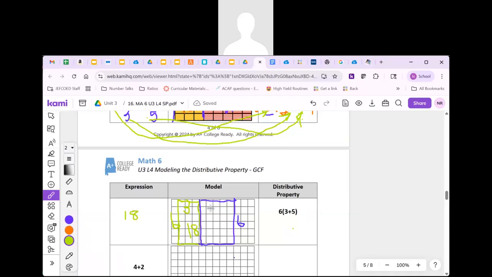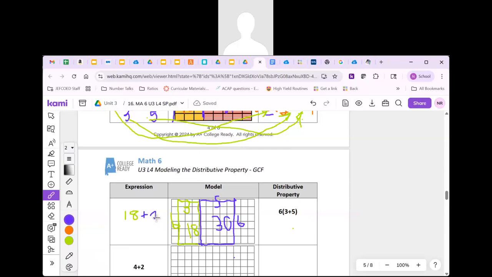What's the other number I'm adding over here? Well, this was 6, and across the top was 5. So this 6 times this 5 is 30. So I'm adding 18 plus 30.